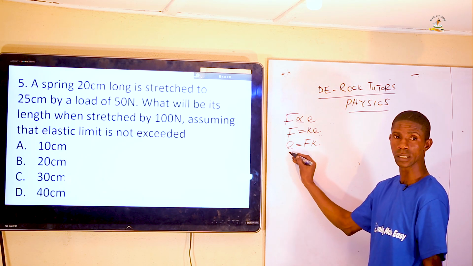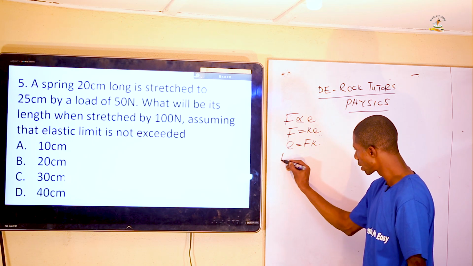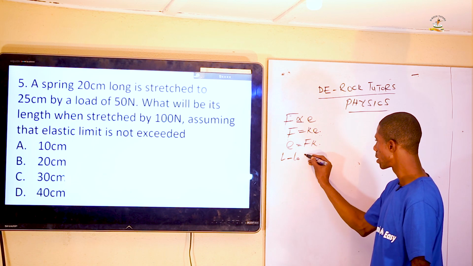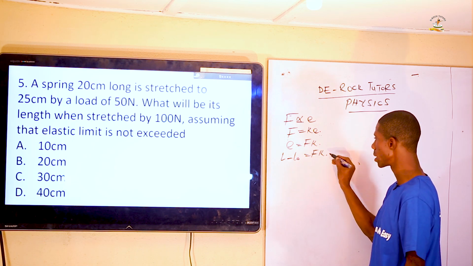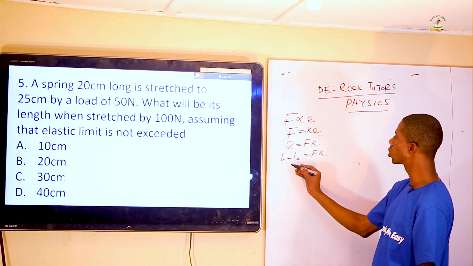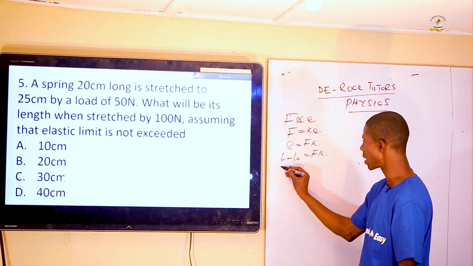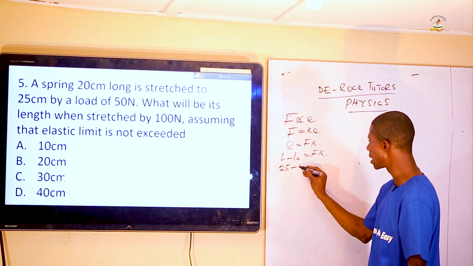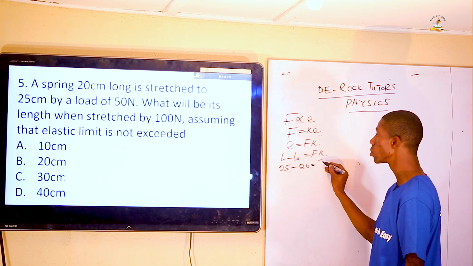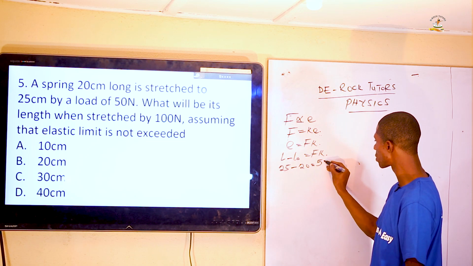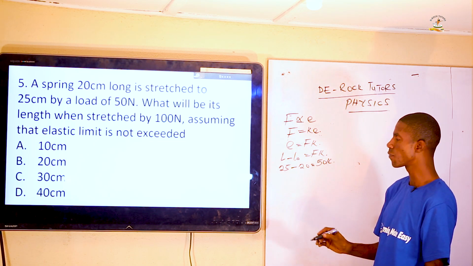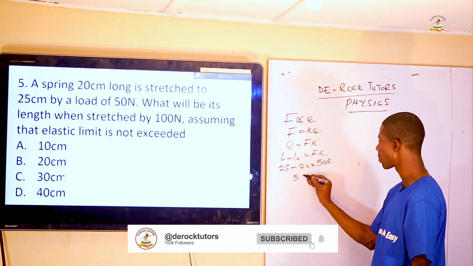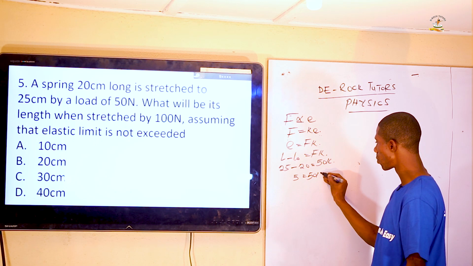And this E, which is the extension, will give me the change in length minus the natural length, equals F times K. Now the new length which we have here in the question is L 25 minus the original length, which is L 20, equals the force given there, 50, then K. So if I take the difference between 25 and 20, that will give me 5 equals 50 K.